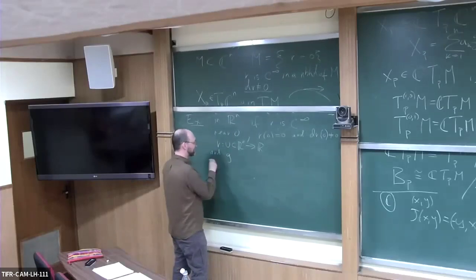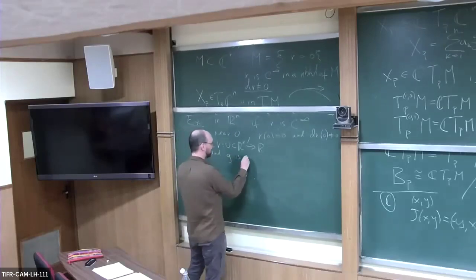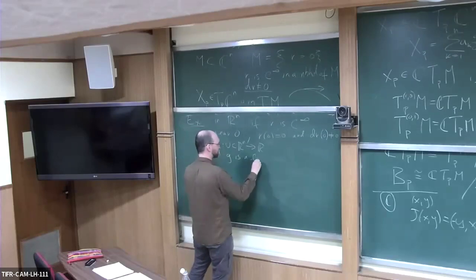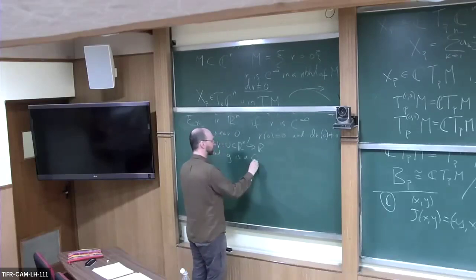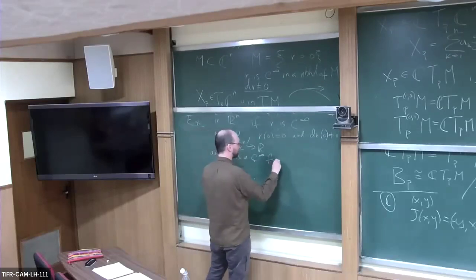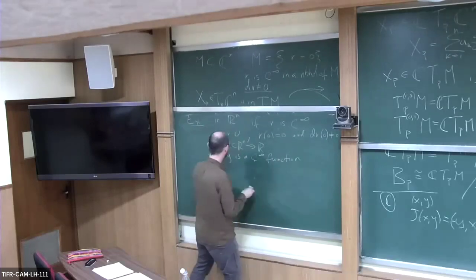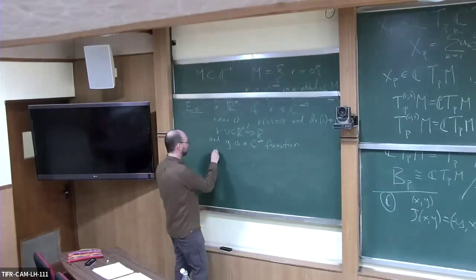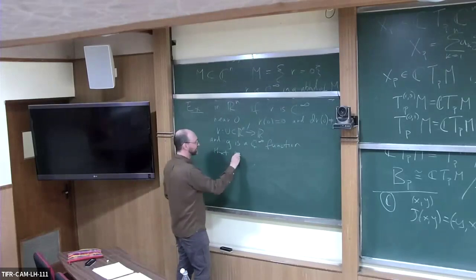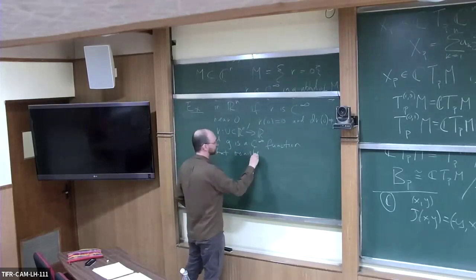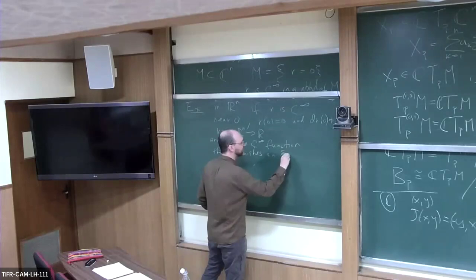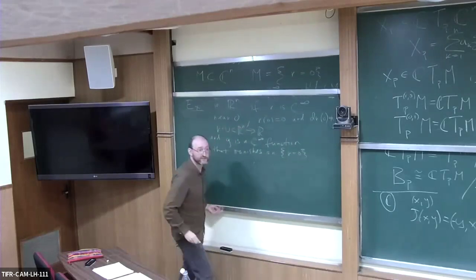And say G is a smooth function that vanishes on the zero set of R, right?